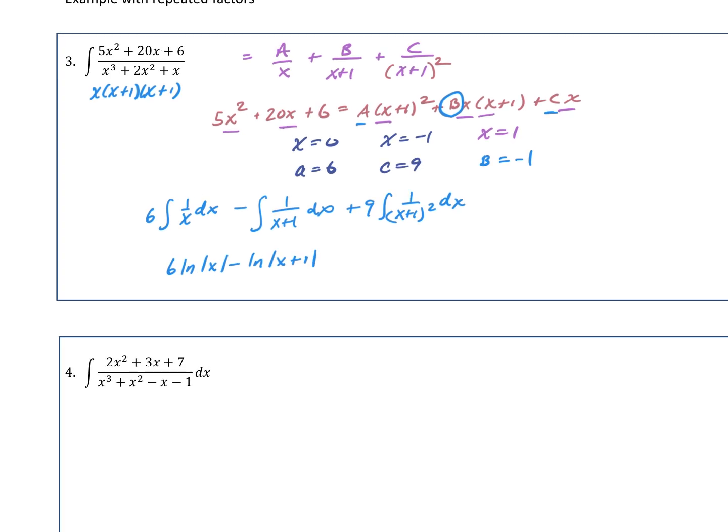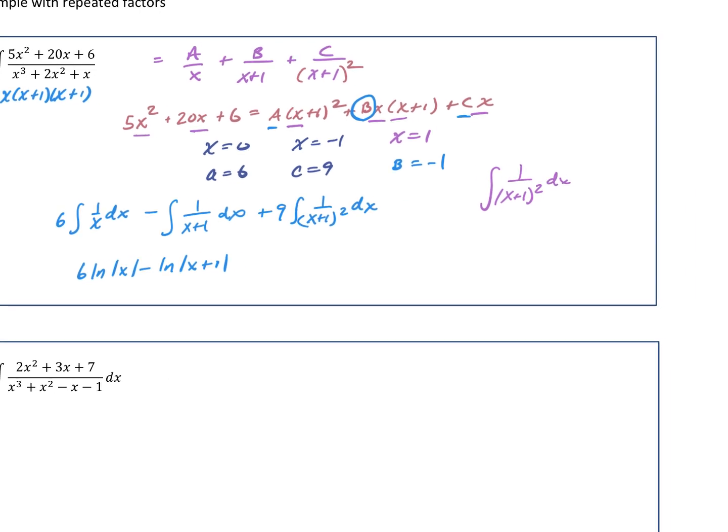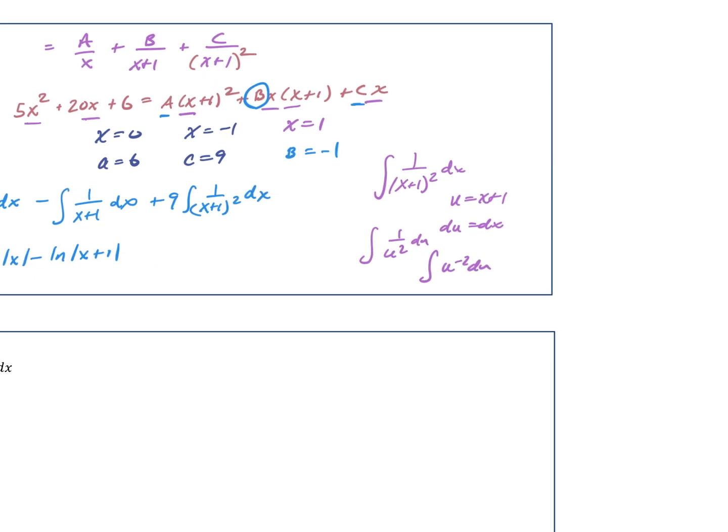Now this is not ln, so be careful here. So if you have to integrate 1 over x plus 1 squared dx, you're going to do it as a u sub. So u is equal to x plus 1, so du is dx. So this becomes 1 over u squared du, which is the integral of u to the -2 du. So to do this, we're going to raise it up by 1, divide by the new power.